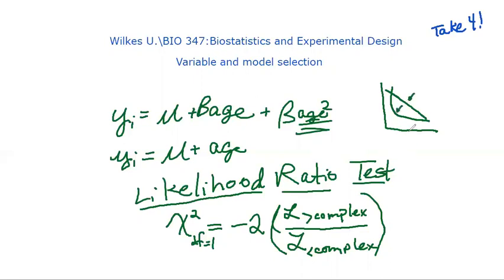You could look at this as an ANOVA as well. We can say young, middle age, and geriatric, and survivorship may look something like this.